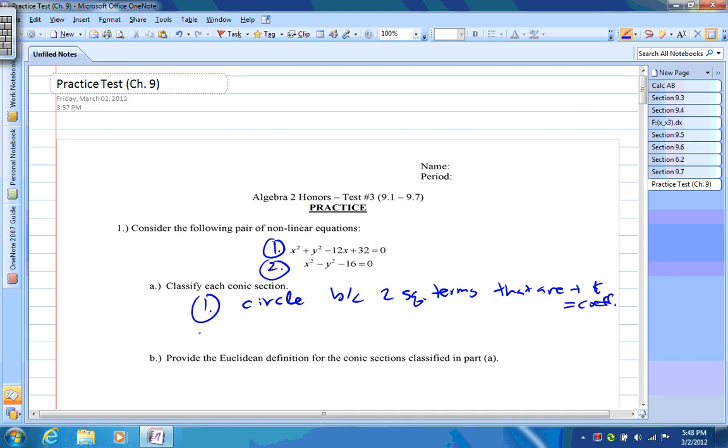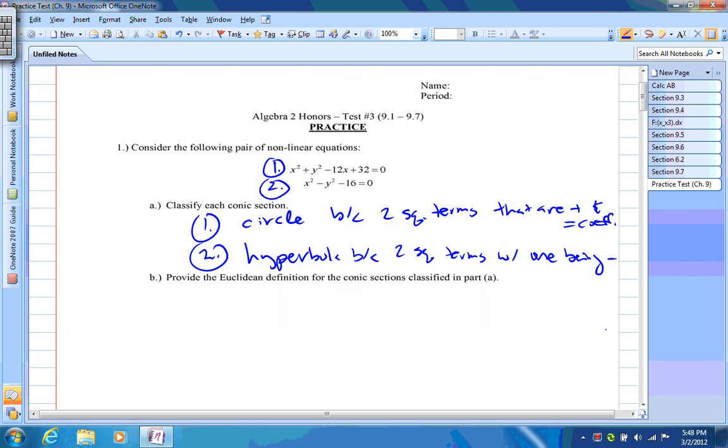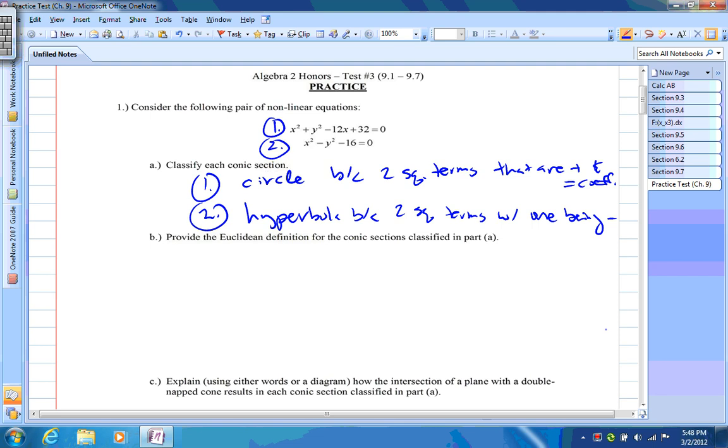In the second one, hopefully you identify that's a hyperbola because 2 squared terms with 1 being negative. Okay. And we'll leave these labels 1 and 2 for the equations there.